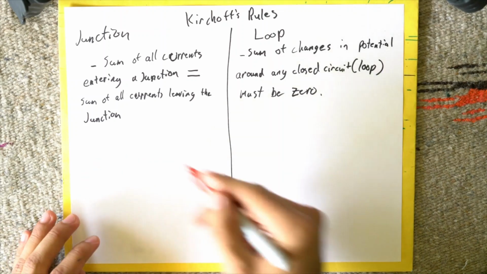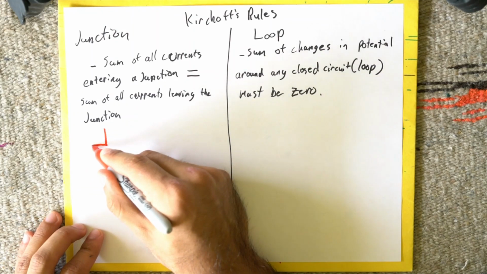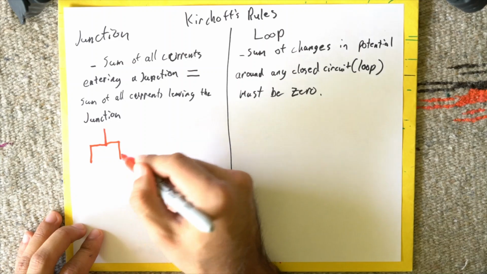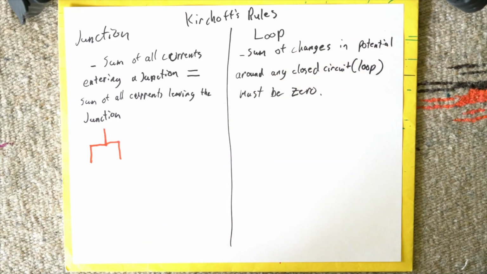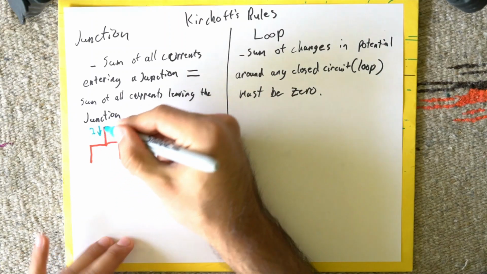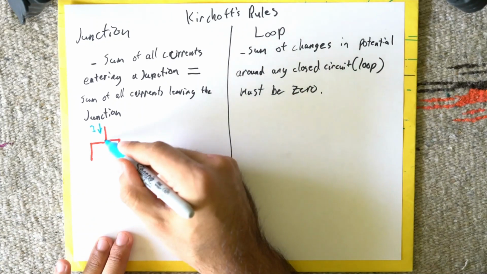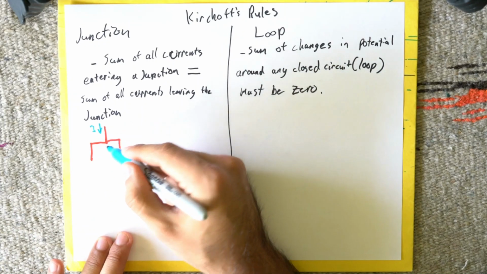Okay, say, I'm not gonna draw the full circuit, but just say I have one circuit that branches off into two different directions. So this is my circuit, and then my current would flow in this direction. And then here's my junction. See right here where they kind of all meet and it branches? That would be the junction.